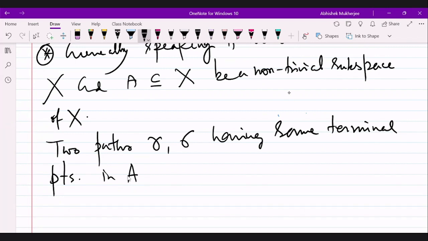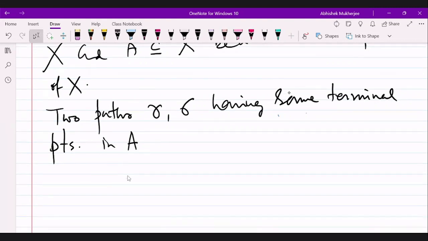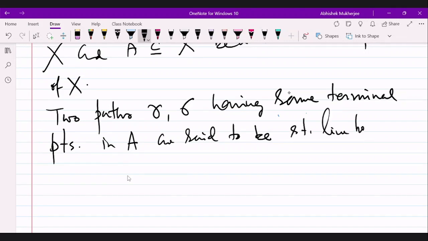So in X, you can draw lines, therefore you can talk about straight lines. So these two paths having same terminal points are said to be straight line homotopic, right?